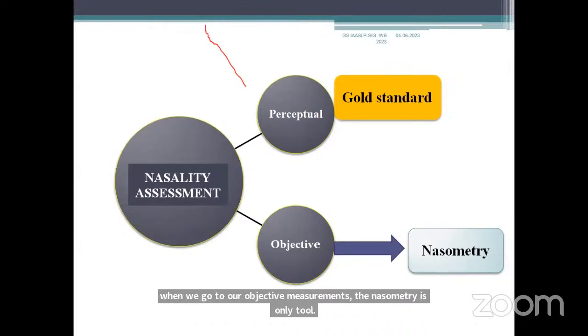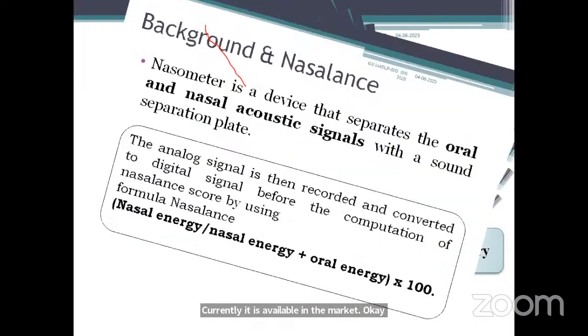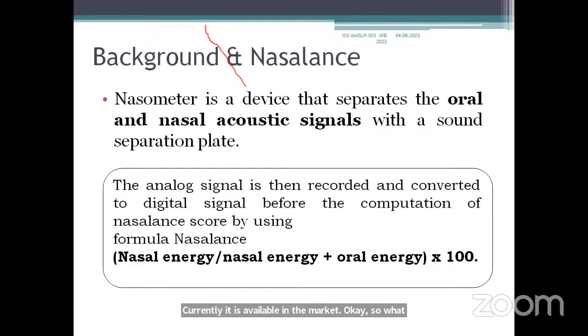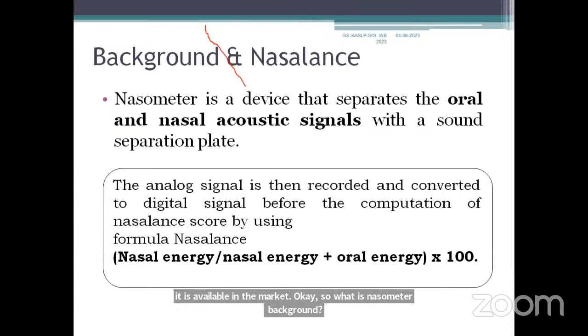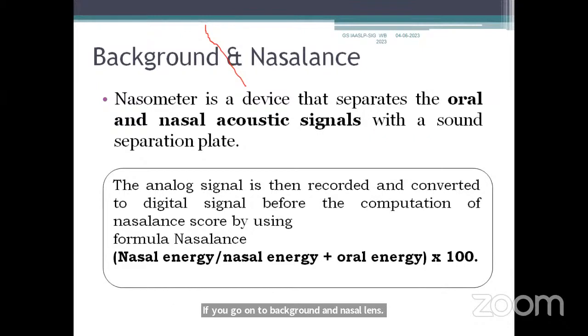the market. Okay, so what is a nasometer? Going on to background and nasalance, most of the time the nasometer is used to measure nasalance or hypernasality. It's a device that separates our oral and nasal energy using a separation plate.